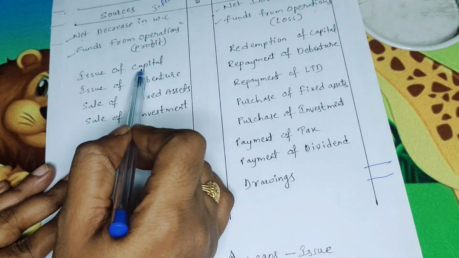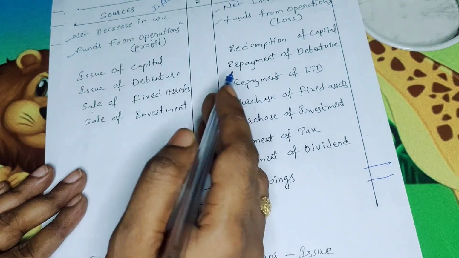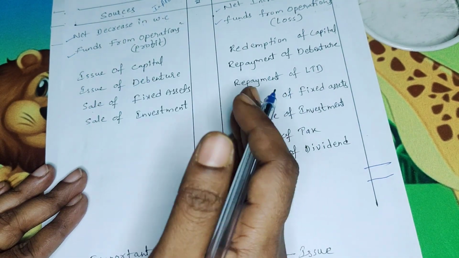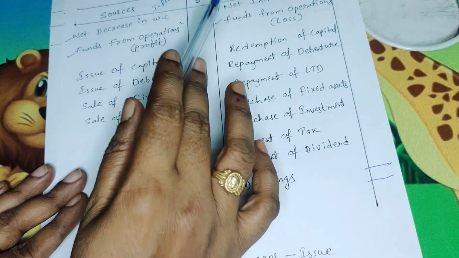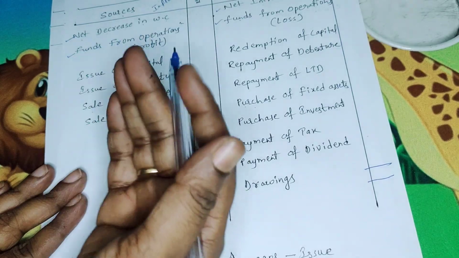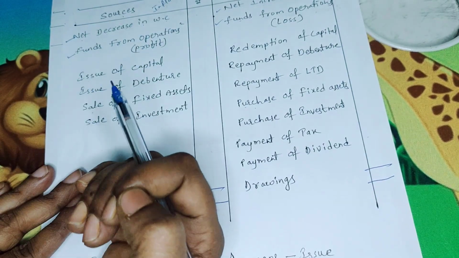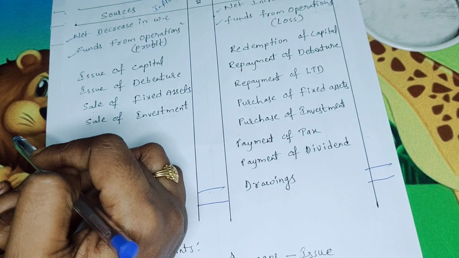So issue of capital will be source, redemption of capital will be application. Redemption is nothing but repayment. So our cash is going out, at that time you need to write on the application side. Issue means we are receiving cash from the shareholders, so that will be on the sources side.